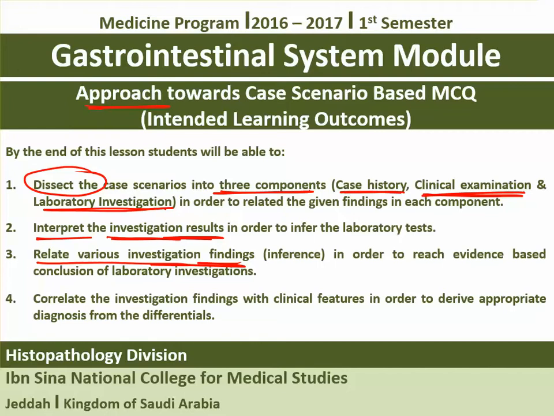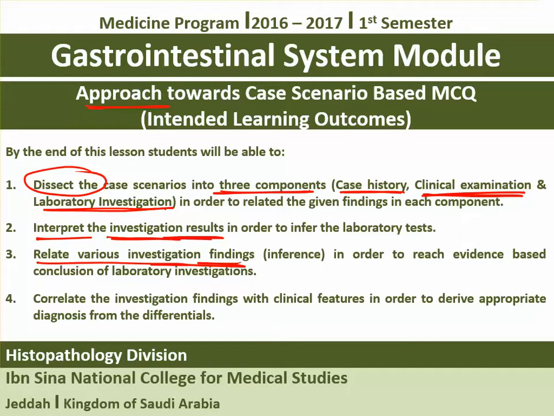If a single investigation leads you to what is asked in the question, then it is a simple case. Usually the examination will be a mixture of simple and complex cases. So you should be able to know the relationship between these investigations.